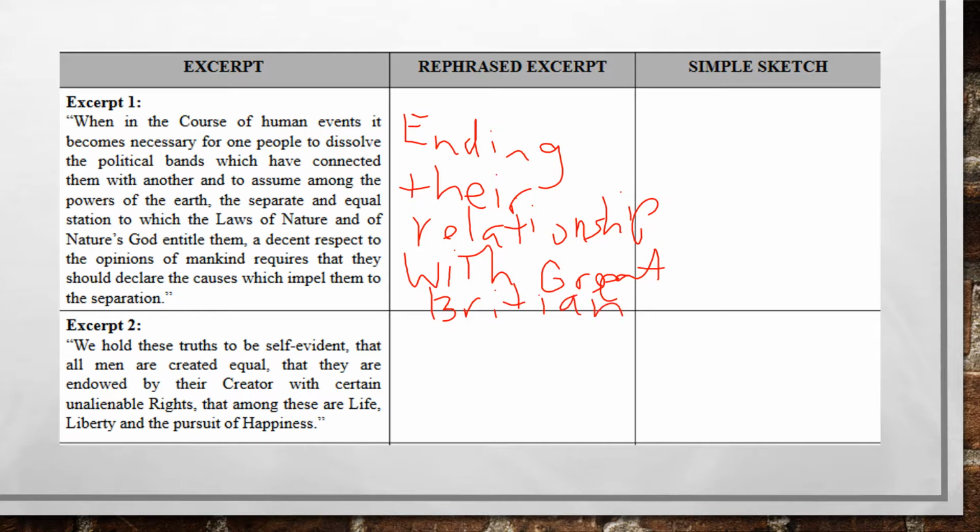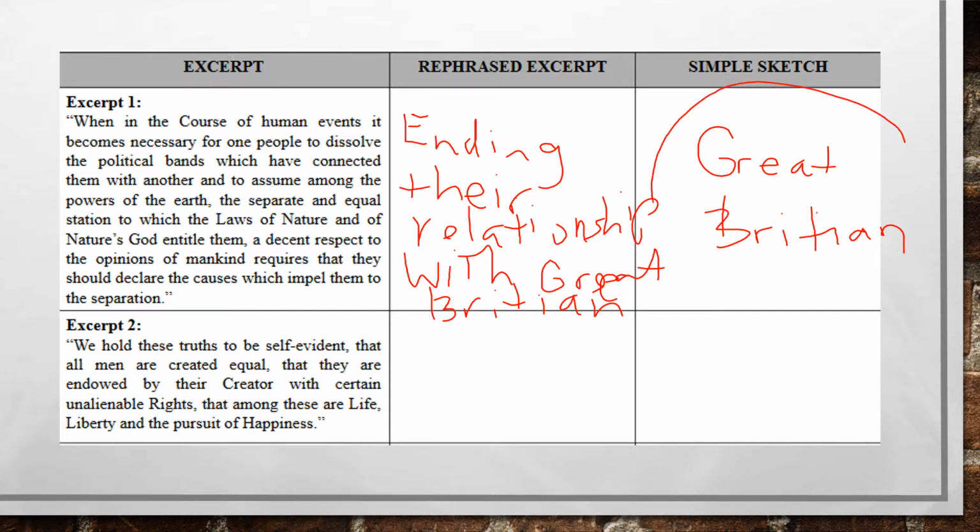So one thing that we can put over as our simple sketch is, like, we could put Great Britain here. And if you can't understand my writing, that's fine. We'll go over this again quickly in class.